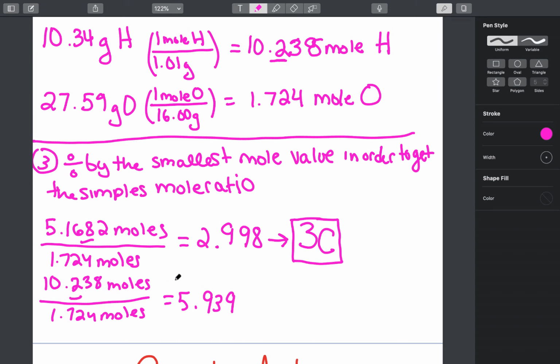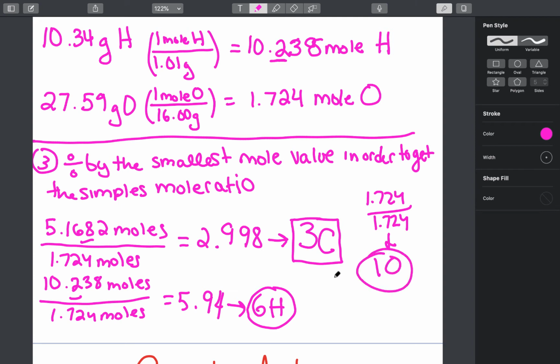In this case, you would have 3 sig figs, so this would be 5.94. So we round this up as well because this is super close to 6. We say 6 hydrogens. And of course, if you divide oxygen by itself, so 1.724 over 1.724 equals 1 oxygen.